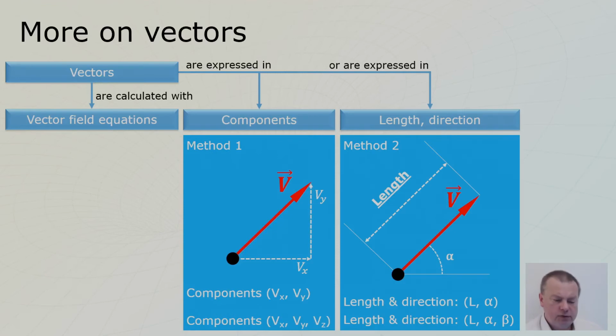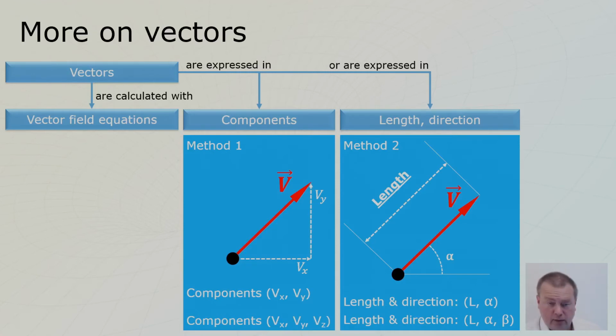The other method, number 2, is expressing the vector by its length directly and its direction, by looking at the angle it's making with the horizontal in this case. So in a two-dimensional world, if I give you the length and alpha, which is the angle between the horizontal and the vector, you can draw the vector.